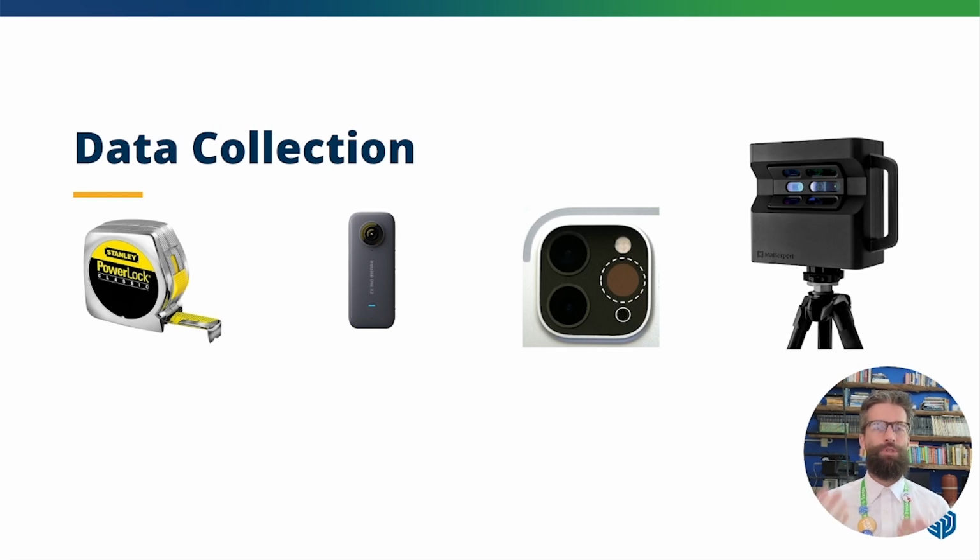Now a little bit from our process. In our data collection, together with the SpaceFit team, we made sure that we used a measuring tape to measure each individual element. We used 360 photos to give you a visual representation of the space.